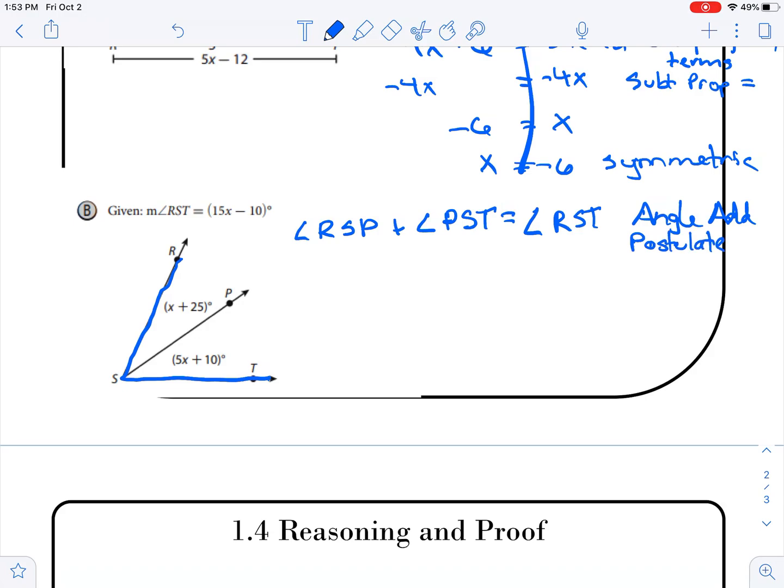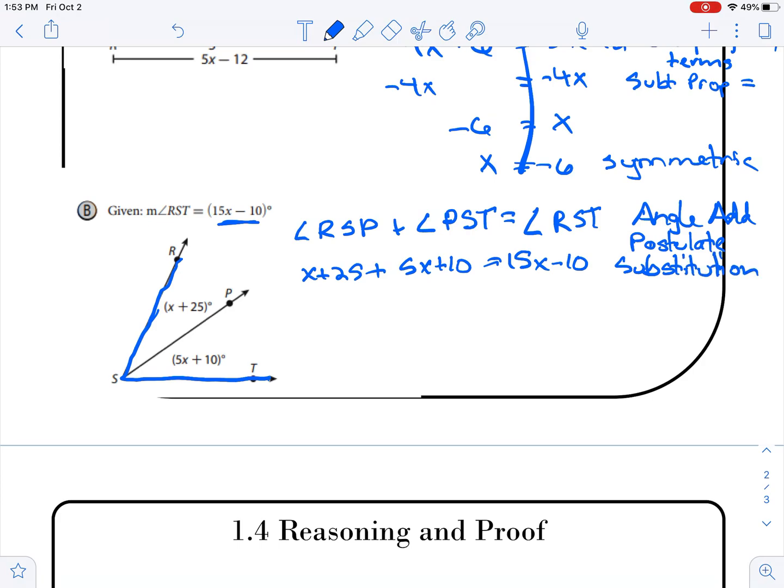Okay, now what is RSP? What's the value of RSP? That's x plus 25. What is PST? PST is 5x plus 10. And then RST, R to S to T, which was up here, was 15x minus 10. And so again, this was substitution.